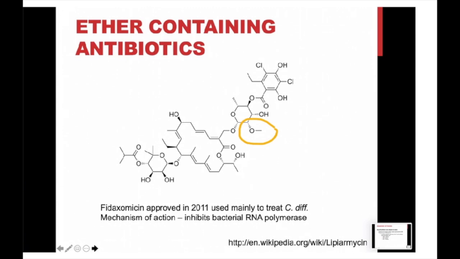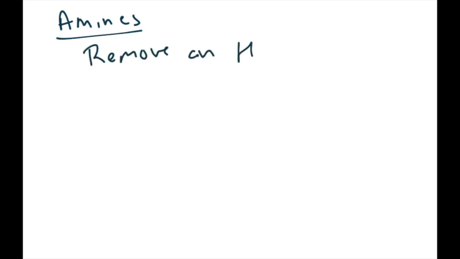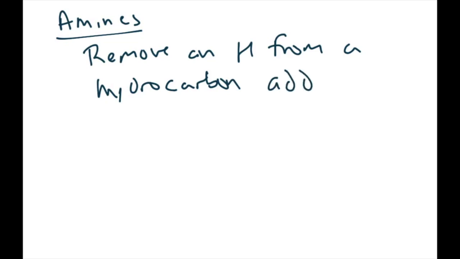All right. So next up, we're going to talk about amines. So again, you remove an H from a hydrocarbon, and you add, and we're going to say NH2, but we'll get to that.